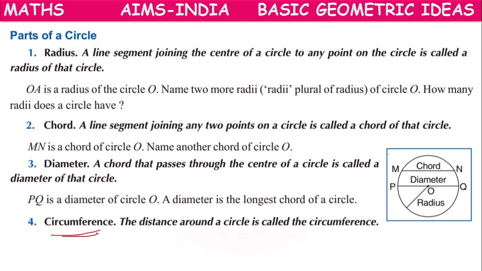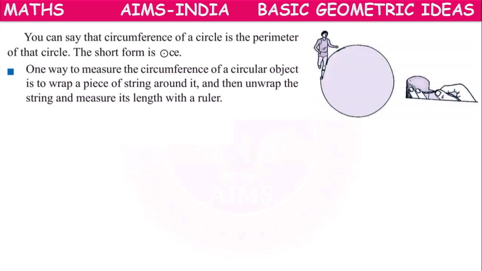Next, circumference. The length of the curved part of the circle: if we start from P, travel one complete rotation around the circle, and come back to P, the distance covered in one rotation, or the distance around a circle, is called the circumference.